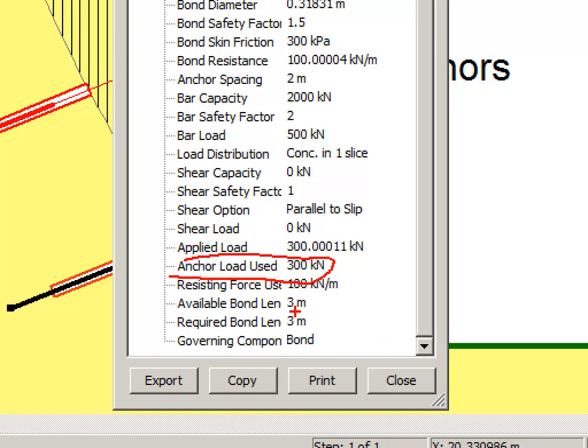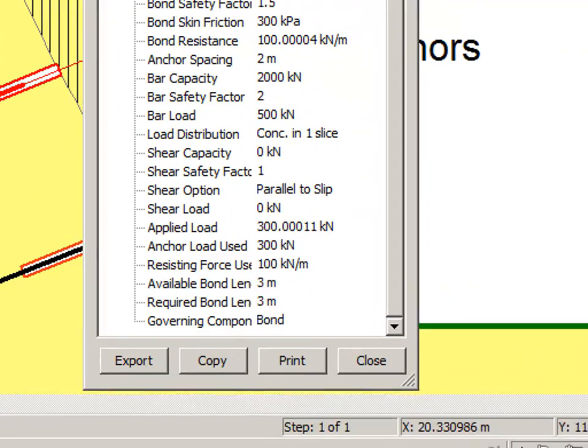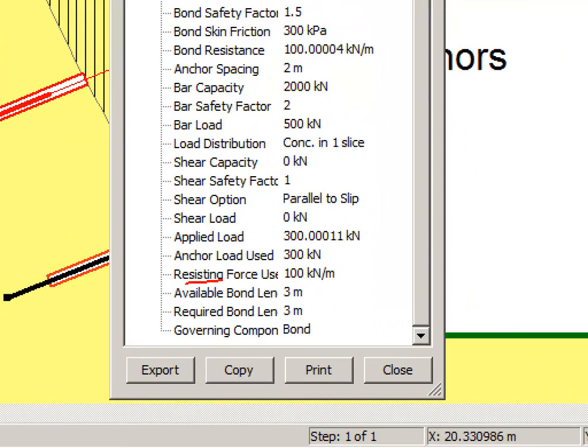The available bond to supply the resistance was 100 kilonewtons per meter. We have an available bond of 3 meters. The required is 3 meters. Therefore, the governing component is the bond.